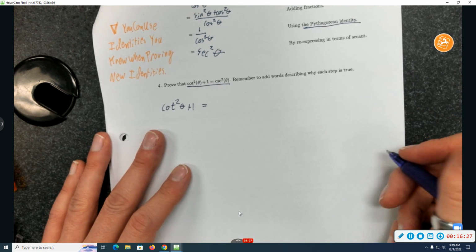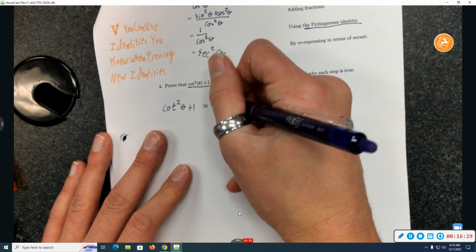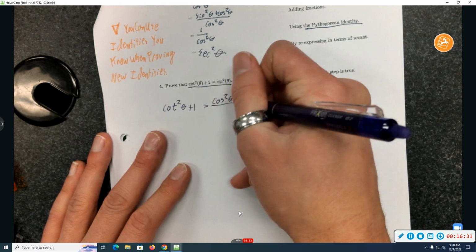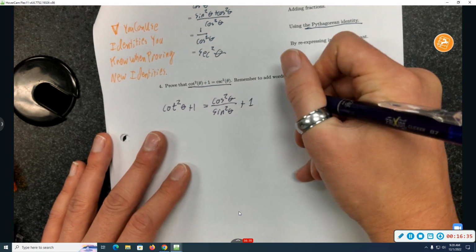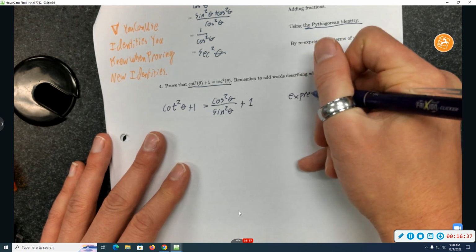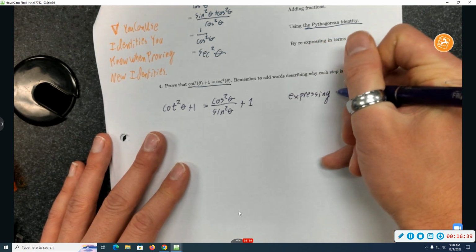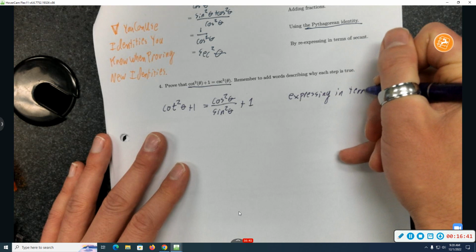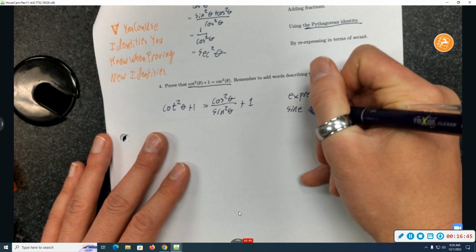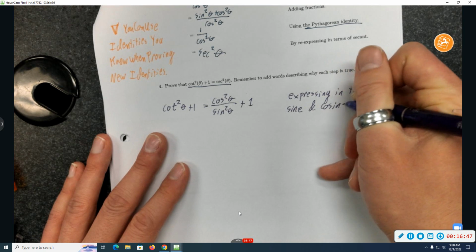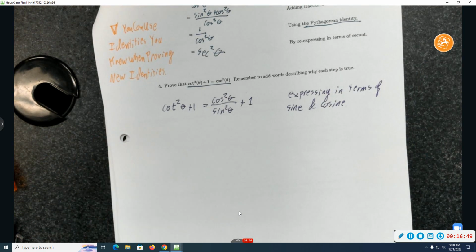Cosine squared over sine squared. Cool. All right, certainly a reasonable choice. When you don't see anything else obvious to do, it's probably a good idea to get in terms of sine and cosine.